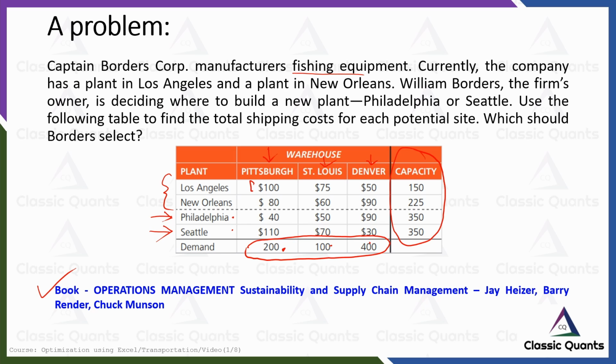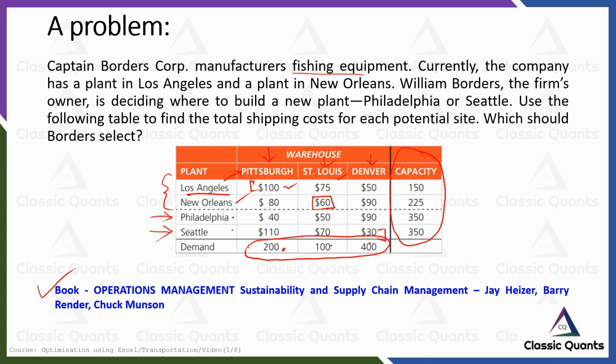And this particular information is for the cost, like $100 is the cost per unit for shipment from Los Angeles to Pittsburgh. Similarly, for example, $60 is the per unit cost of shipping from New Orleans to St. Louis. Like that. This is how the problem is defined and what is the objective.